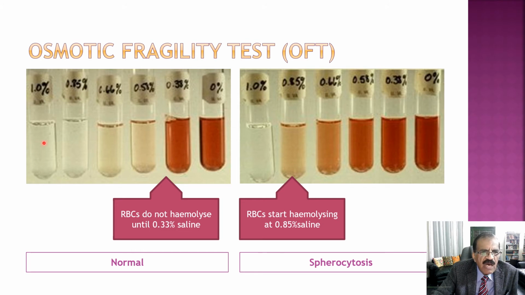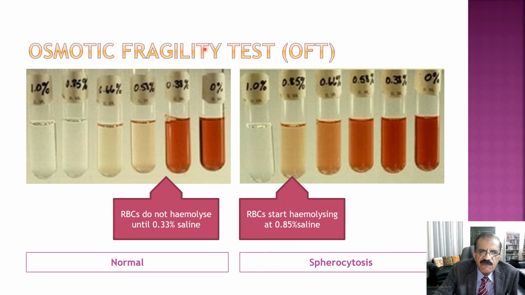So these are various dilutions, and this is of course 0%, meaning pure water. Even normal RBCs will lyse when they are put in pure water. Even if they are put in 0.33% saline, they will hemolyze. But they will not hemolyze when they are exposed to these other concentrations of saline.